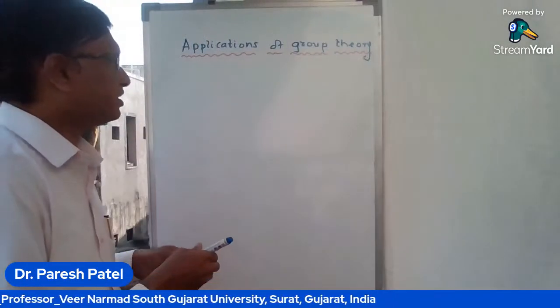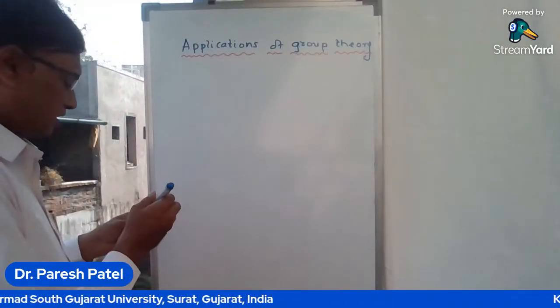So, let us start with the first application of group theory in atomic orbitals. We know that with the help of group theory and the character table, we can predict the contribution of atomic orbitals in the bonding skeletal of molecules.